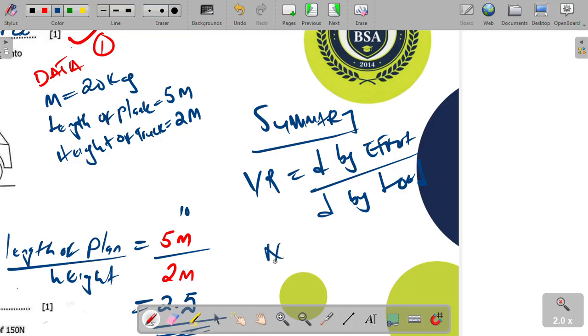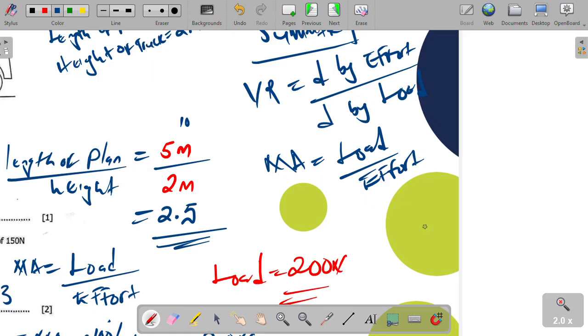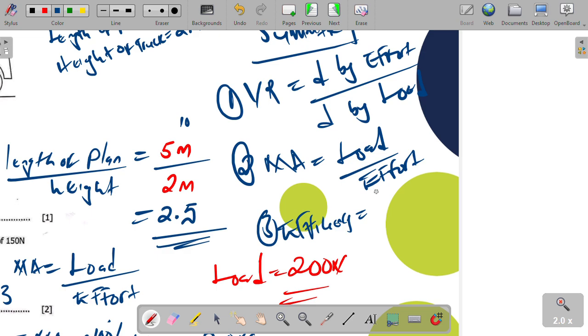Mechanical advantage formula is load over effort. So 1, 2, and then efficiency 3 here. Efficiency is given by mechanical advantage over velocity ratio times 100.